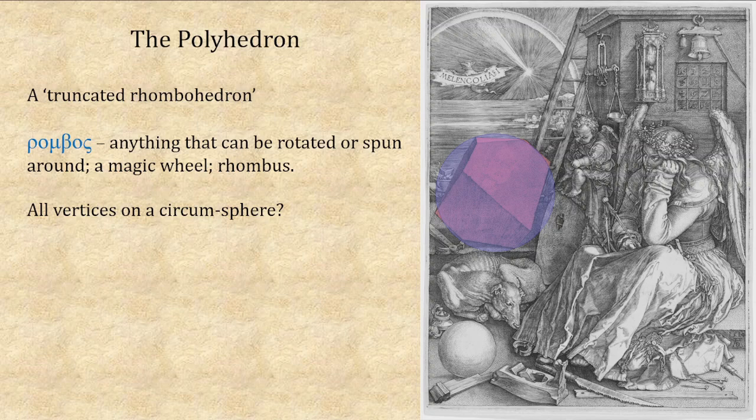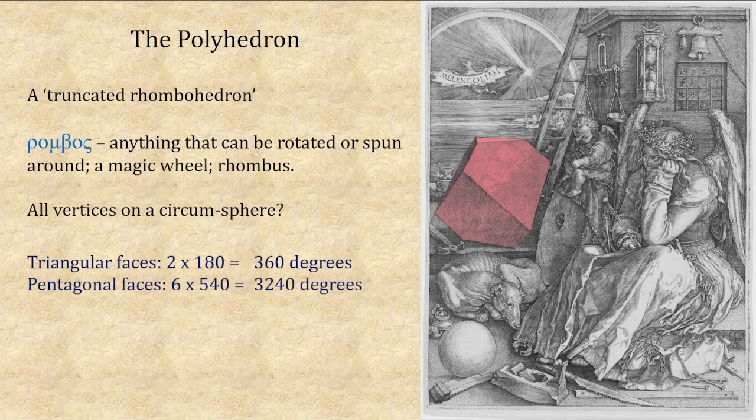However, there may be deliberate significance in the angles embodied by the shape. The 2 triangular faces have 6 angles of 60 degrees, and therefore a total of 360 degrees. And the 6 pentagonal faces of 540 give a total of 3,240. The complete figure thus has 3,600 degrees in all its angles.